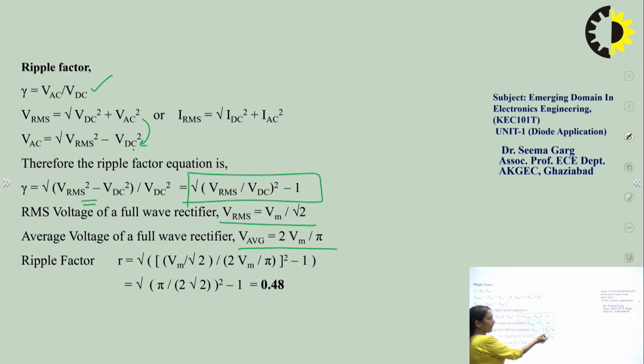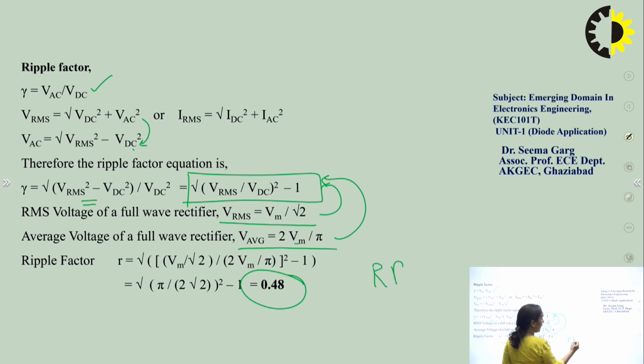We know that in case of the full wave rectifier, the average value is 2 Vm by pi, and the root mean square value we have already calculated in the previous slide, that is Vm by root 2. Placing these two values in this formula and solving, we get the ripple factor as 0.48, whereas it was 1.21 in the half wave rectifier.